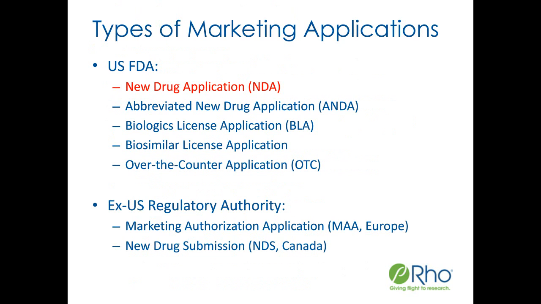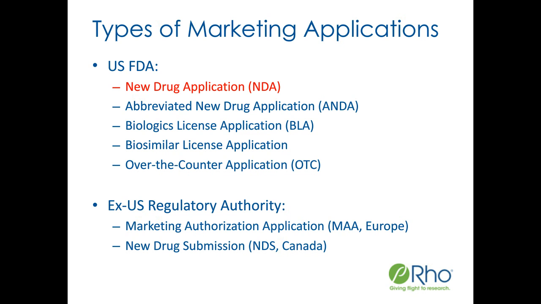There are different types of marketing applications. We're going to be talking specifically about the NDA today. The abbreviated new drug application is also considered an NDA by generic manufacturers. There are also biologic license applications, and there are obviously different applications of this type in other regions.